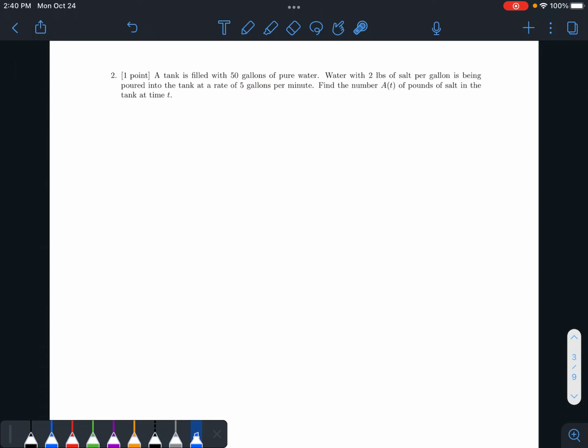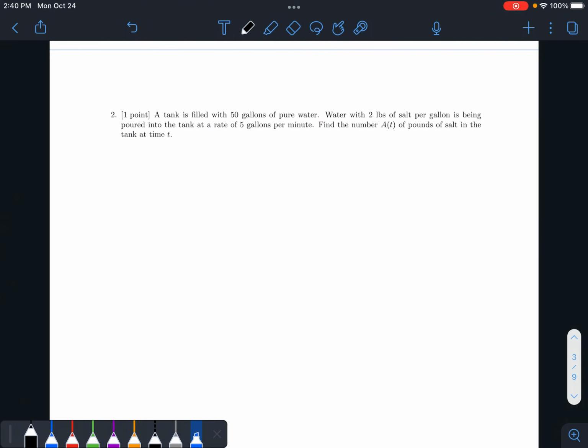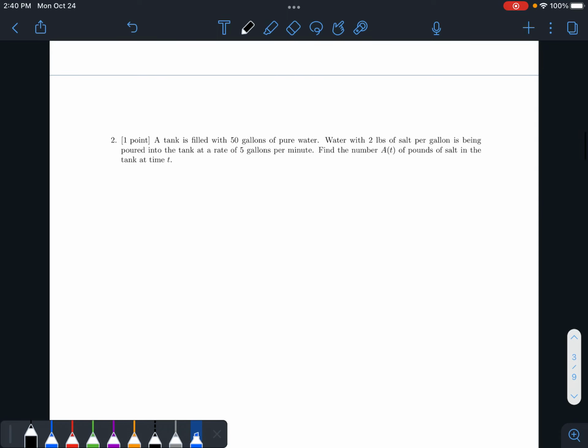All right, a tank is filled with 50 gallons of pure water. Water with 2 pounds of salt per gallon is being poured into the tank at a rate of 5 gallons per minute. Find the number A of t of pounds of salt in the tank at time t. Okay, so what we need to do here is set up a differential equation and use that differential equation to solve for this function A of t.